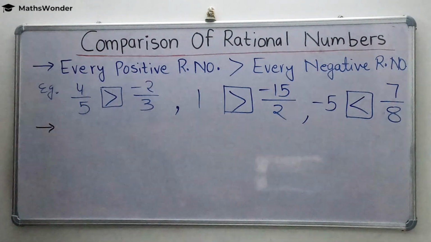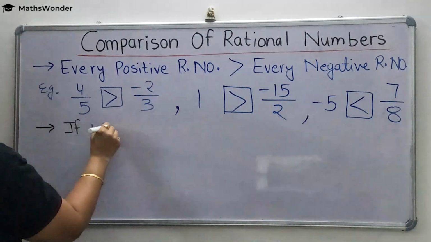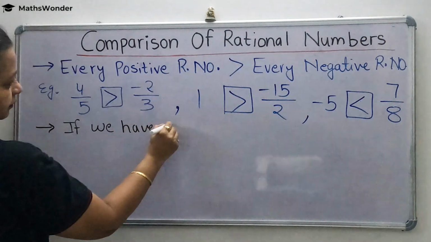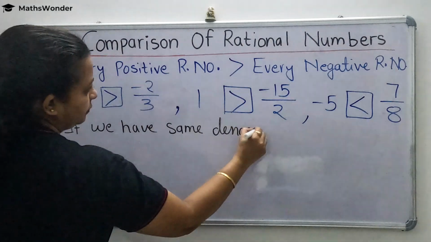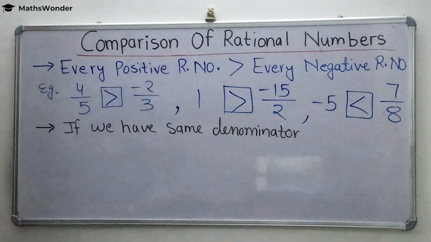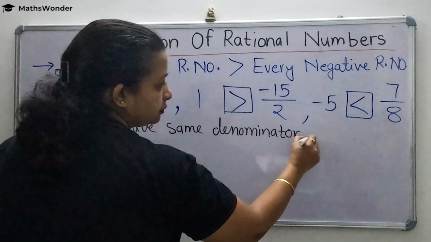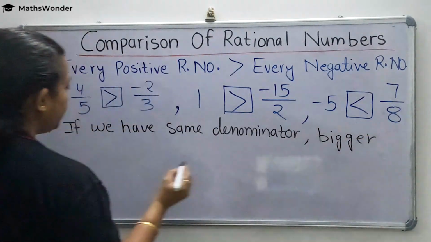So if both rational numbers have the same denominator, the bigger numerator will be bigger.